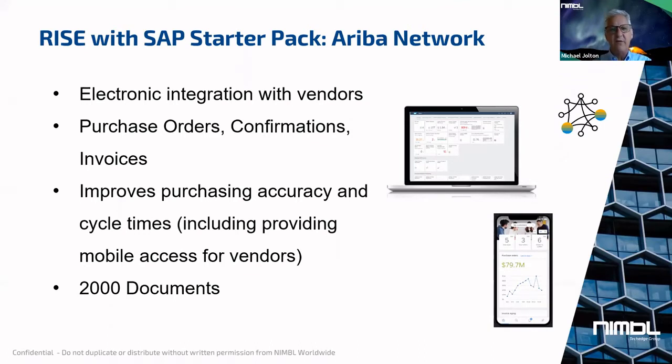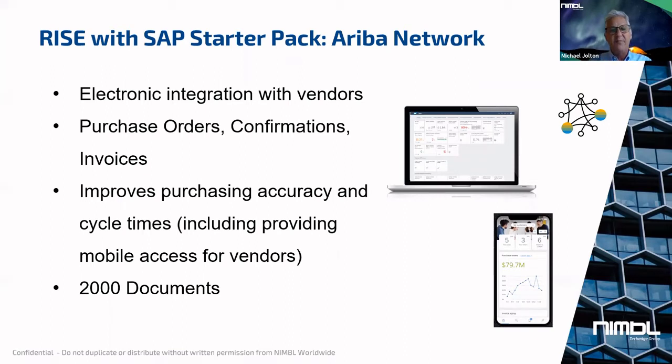You get 2,000 documents a year with the Ariba network, meaning 2,000 purchase orders or up to 2,000 invoices or a combination therein. Many of the documents, things like confirmations, are included within the other documents.